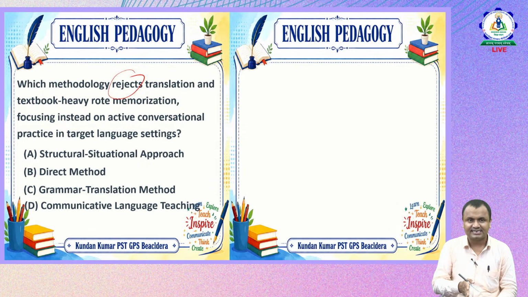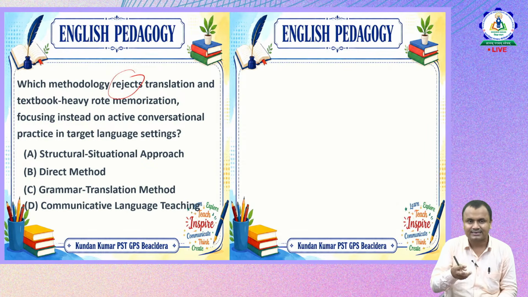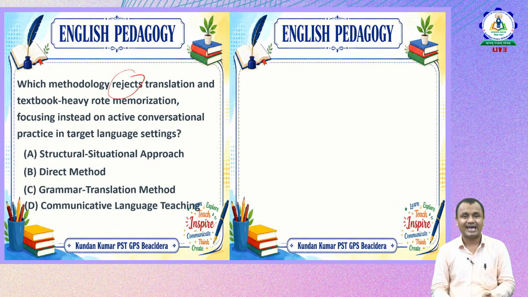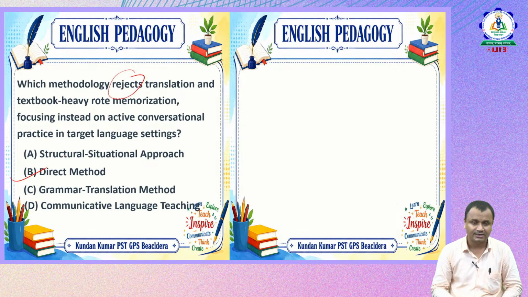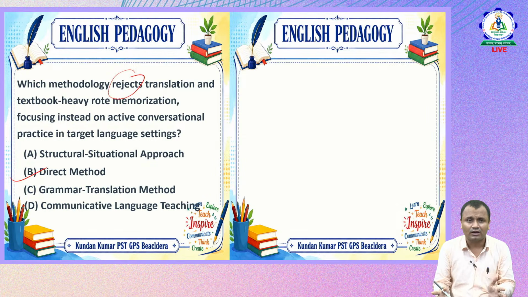When we reject the translation, the textbook and the rote memorization, we reject the grammar translation method. Alternatively, which method opposes the grammar translation method? The answer is always the direct method. The direct method is at the opposite pole from the grammar translation method.